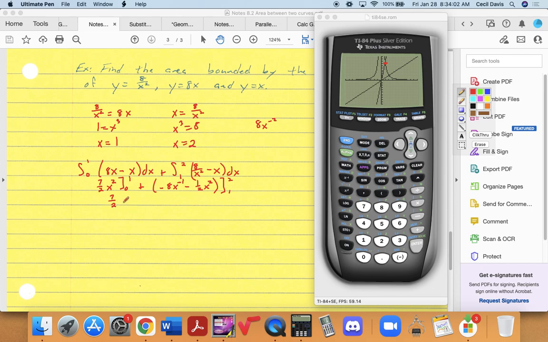So this is 7 halves plus, see, that'll be negative 8 minus 2, so that's negative 10. Minus, at 1, that's going to be negative 8.5. Something's not right. It can't be. It's an area.